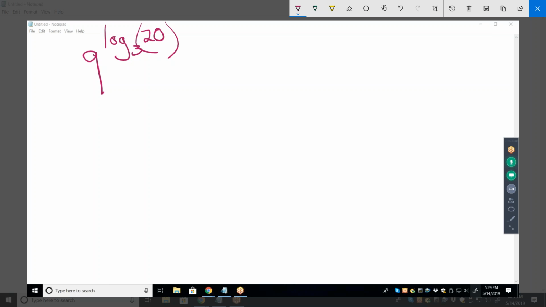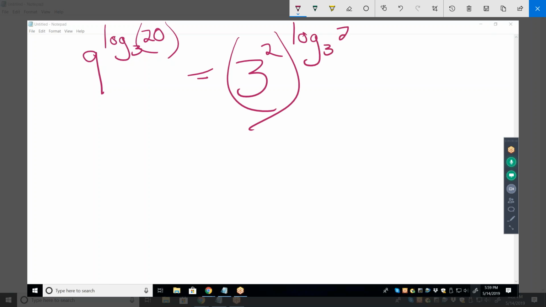Notice that 3 is not the same as 9. But I can write 9 in terms of 3. 3 squared. There's my 9. I'm taking that all to the log base 3 of 20.